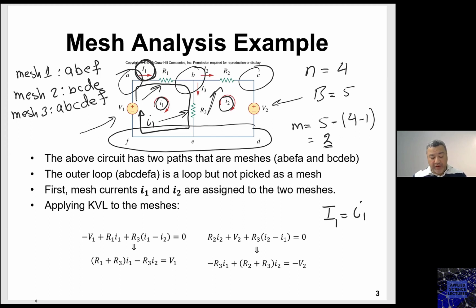It's as if I have two names for one entity. This current going into this mesh is called small I1, and I have another name for it, capital I1, in this branch by itself. This means that this capital I1 is the same as this small I1.